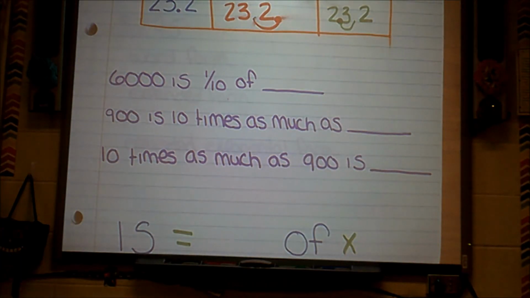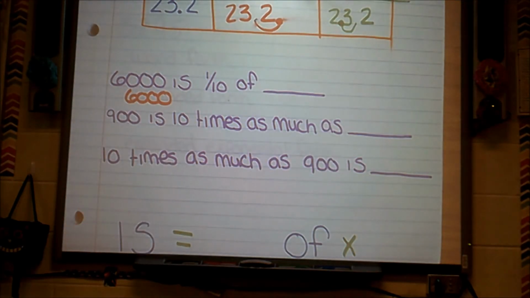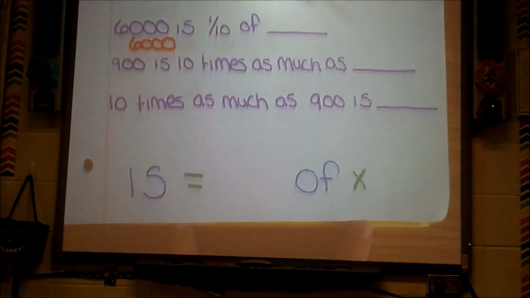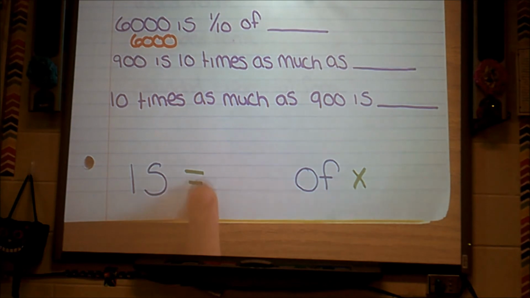6,000 is 1/10 of blank. The first thing I'm going to do is write it as a numerical expression, something that I can understand. 6,000, already numerals, good. "Is" is not numerical, not mathematical, but I have my handy dandy notes that tell me that "is" equals equals.